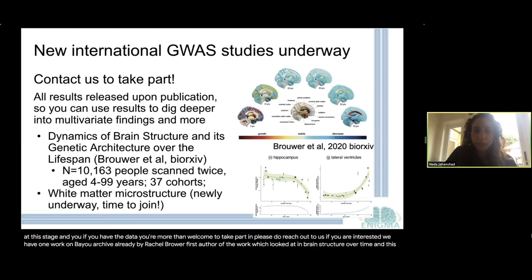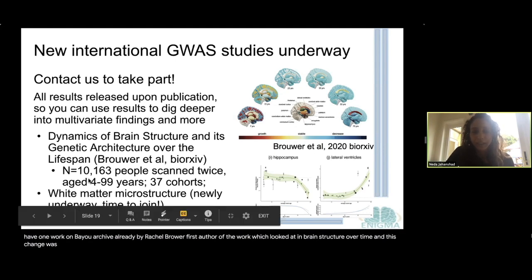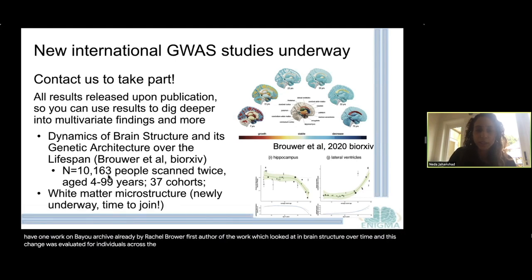This change was evaluated for individuals across the lifespan, and scripts were distributed to 37 cohorts from around the world. We determined regions that change at different points in the lifespan and the genomics that are associated with that.